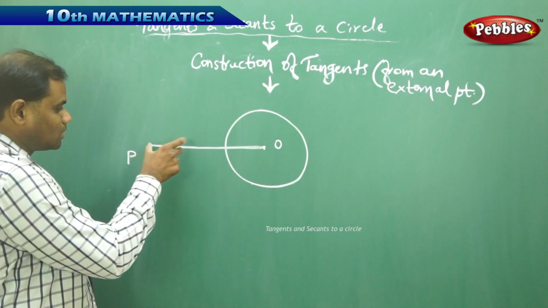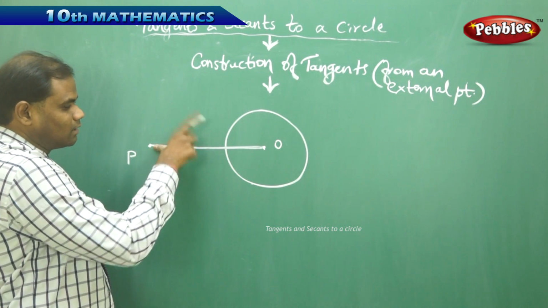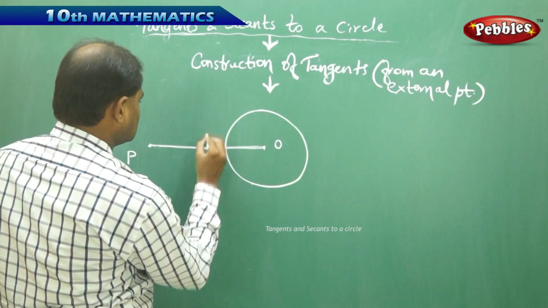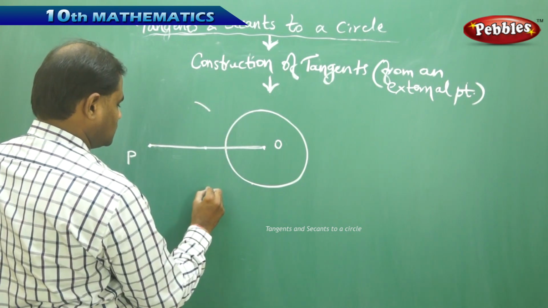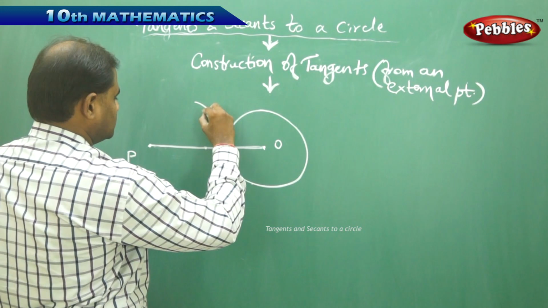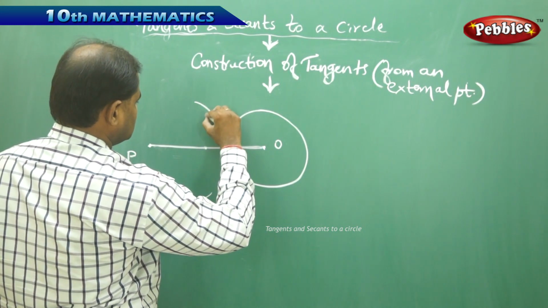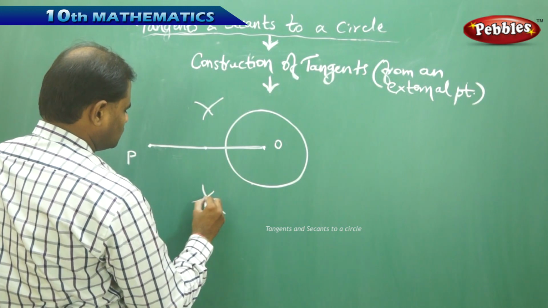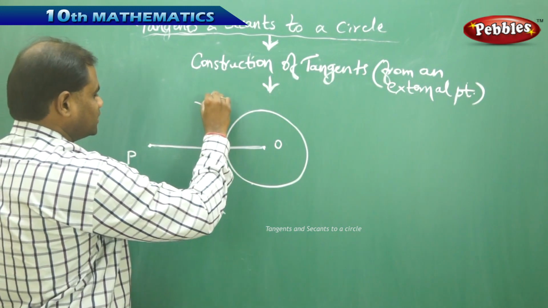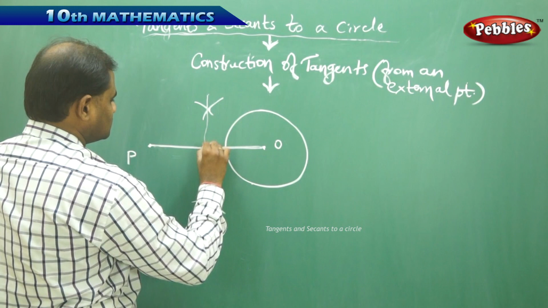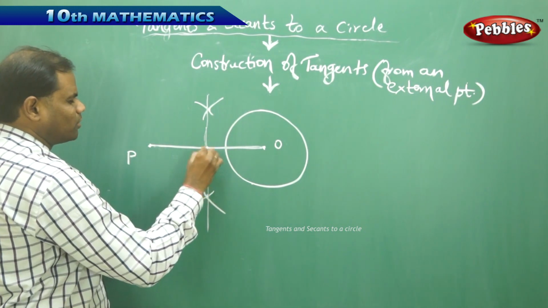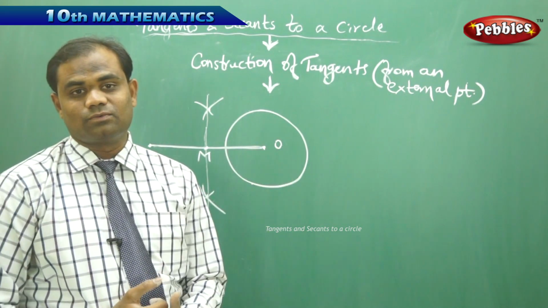I take the compass with an opening more than half and I cut the arcs out here and out here, and once I cut the two arcs, I join them so that the intersection will give me the midpoint of the line segment OP.